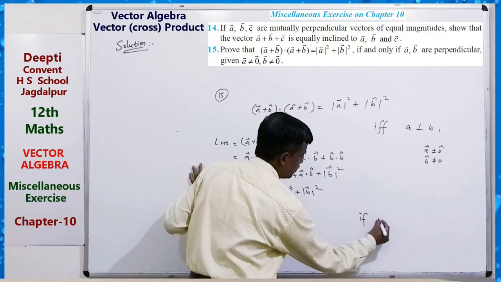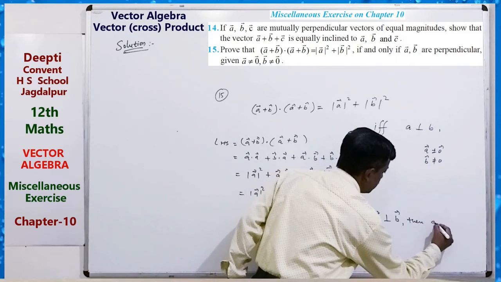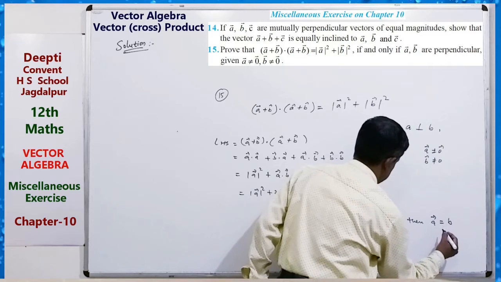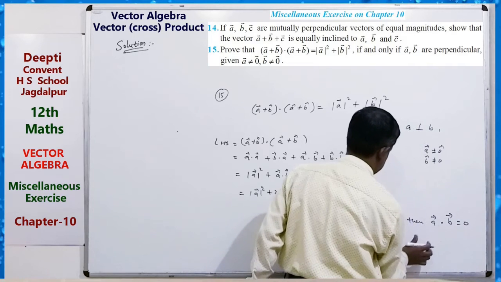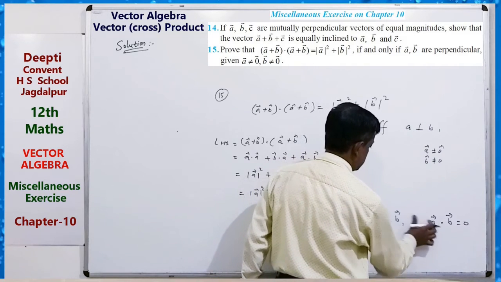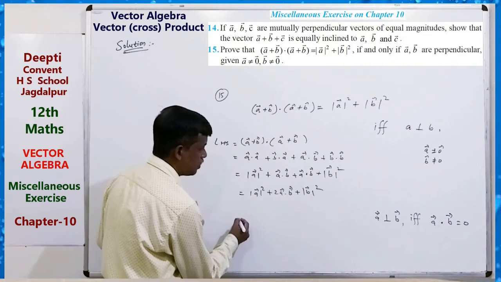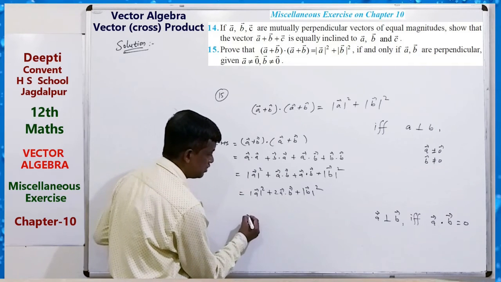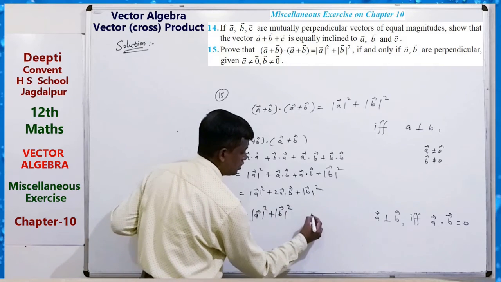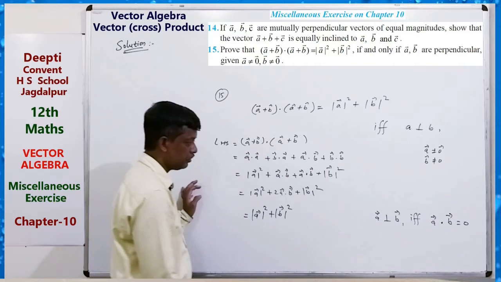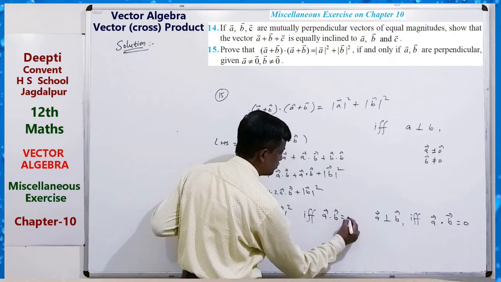If A is perpendicular to B, then A dot B equals 0.